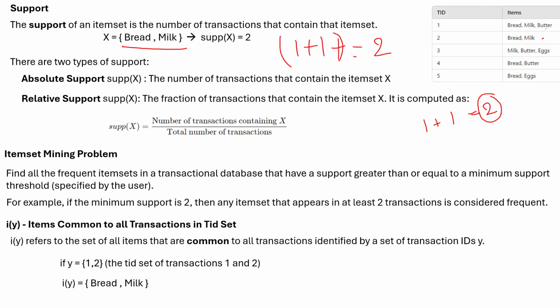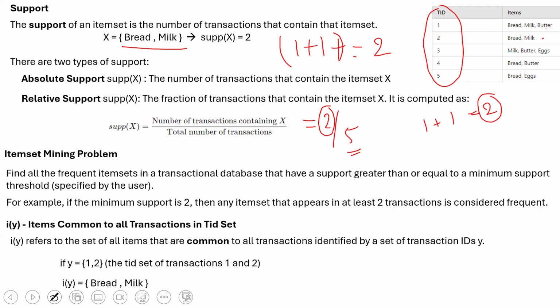And what does relative support mean? Relative support is compared with the total number of transactions. It is the number of transactions containing that item set divided by the total number of transactions. So for bread and milk, it would be 2 by 5, because 2 is the number of transactions in which bread and milk has happened, and 5 is the total number of transactions, the length of the transactional database.